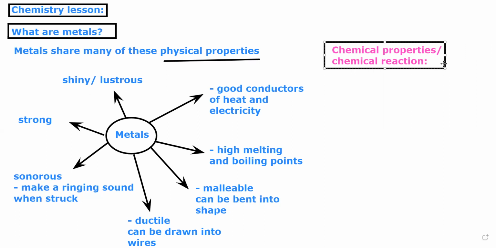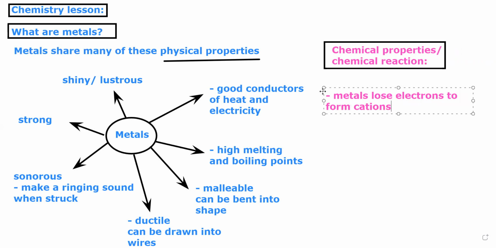Here, when we are talking about chemical properties, let's remember that metals lose electrons to form cations. Cations are positive ions. What does it mean when I'm referring to cations?